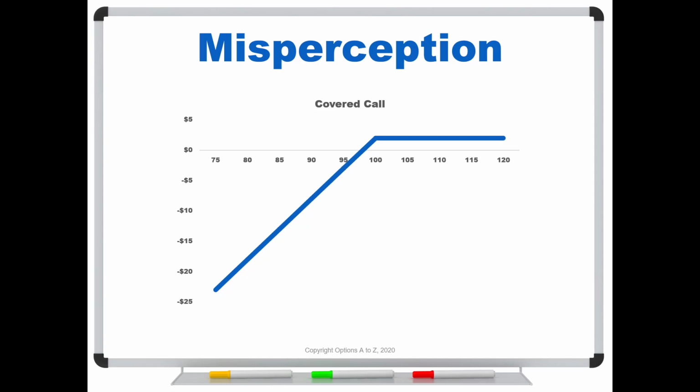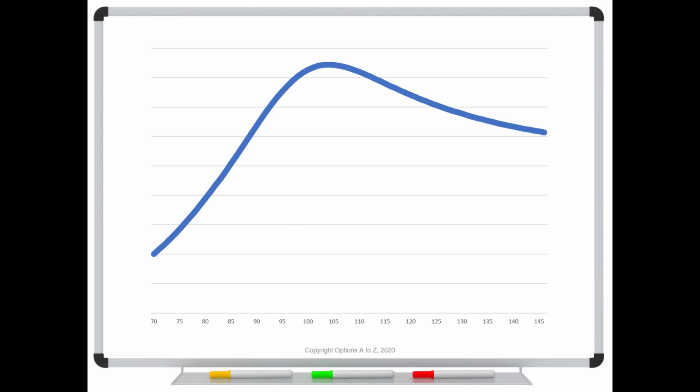But they don't. When you are using a diagonal spread, you've got extrinsic value on that long. You don't have it on the long stock position with a covered call, but you do for the diagonal. So your risk graph doesn't look like this very typical hockey stick shaped graph that we get with a covered call. Instead, it looks like this.